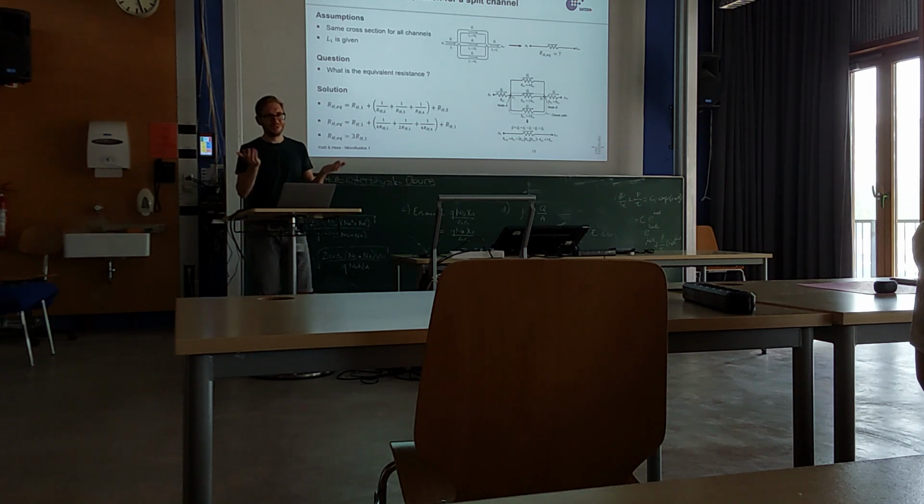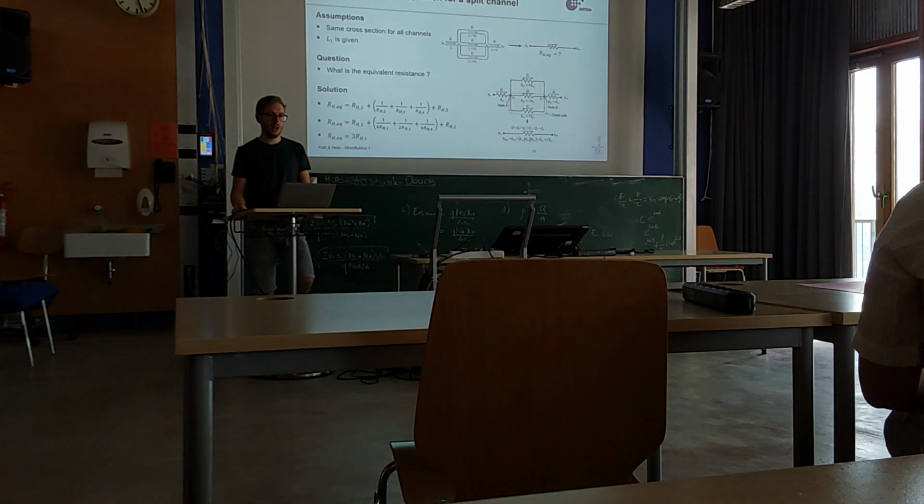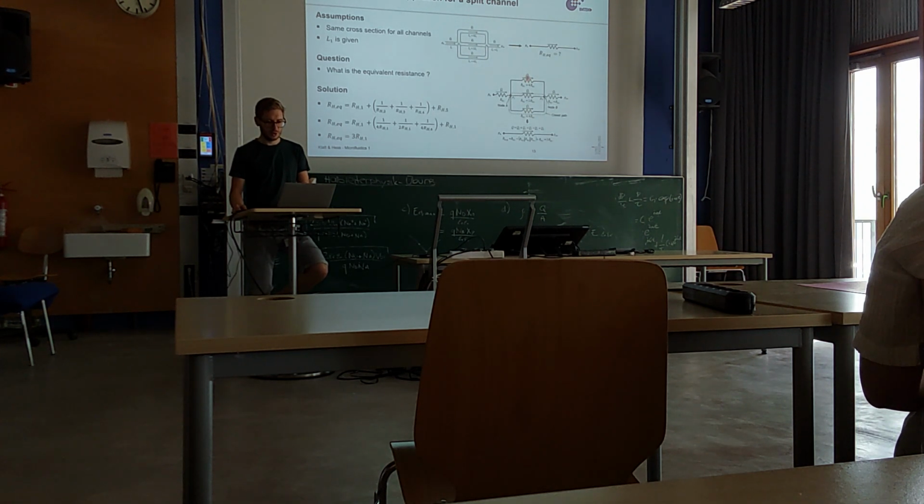Unfortunately, it's 3 times, not 1 time R1, because it looks like this. If you look at this network, you can directly see that you have a parallel as well as a serial connection. Those 3 are in parallel, and then the equivalent resistance of those 3 is in series with this one and that one. So the total hydrodynamic equivalent resistance looks like this.